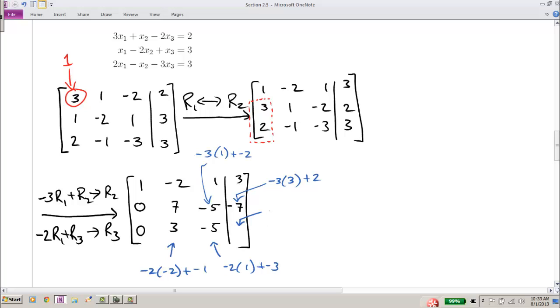And right here, we're going to have -2 times, in row 1, we've got a +3. So -2 times 3 plus 3. So -6 plus 3 is a -3.